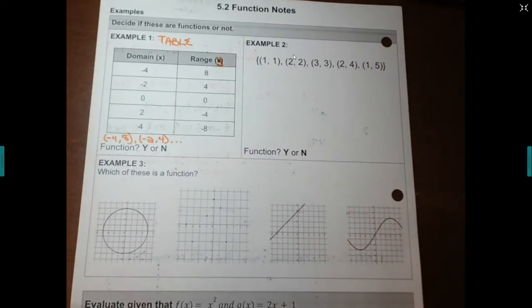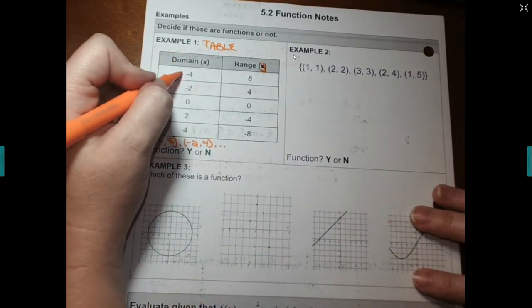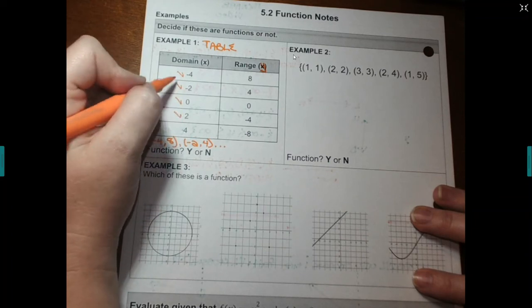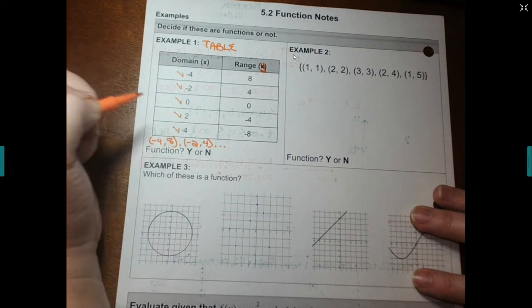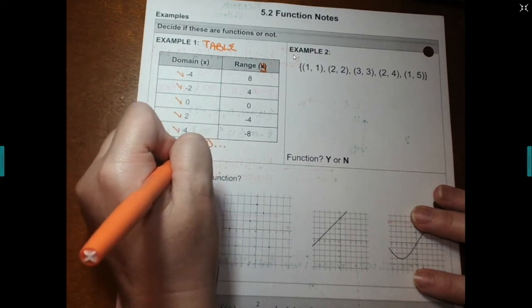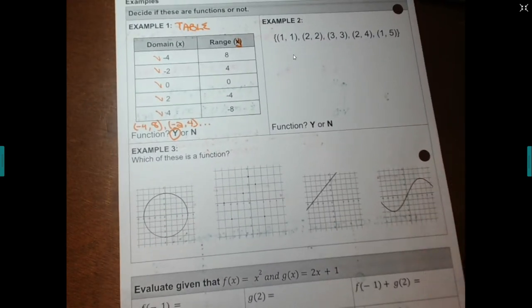Okay? So I'm just looking at this column. I have -4, -2, 0, 2, +2, not -2, and then 4. I see no repeats in that x column, so this is a function. I'm not repeating with my x, so it could function.